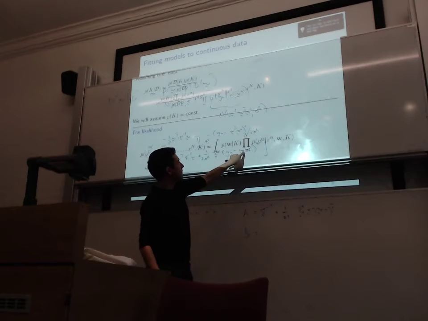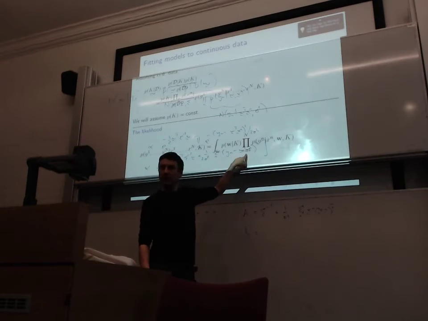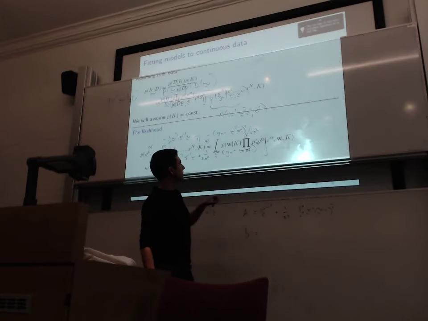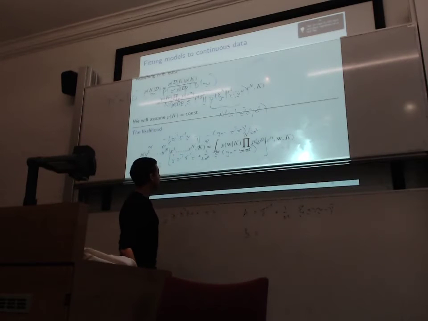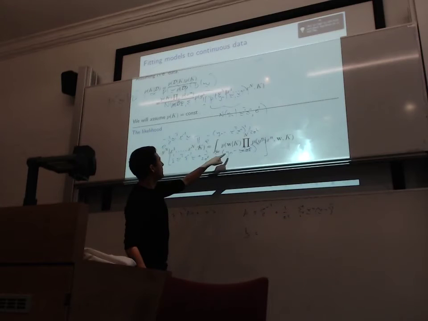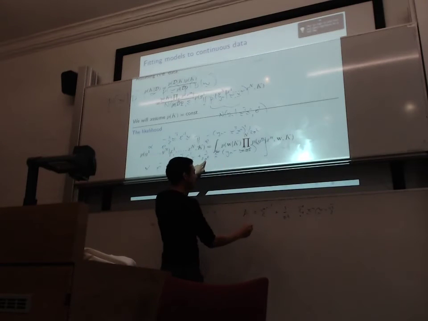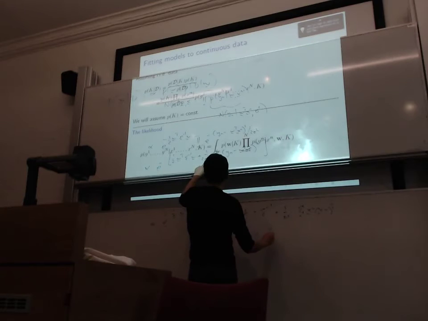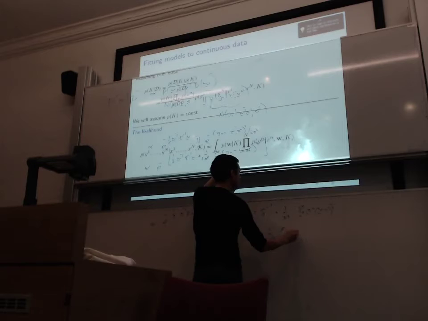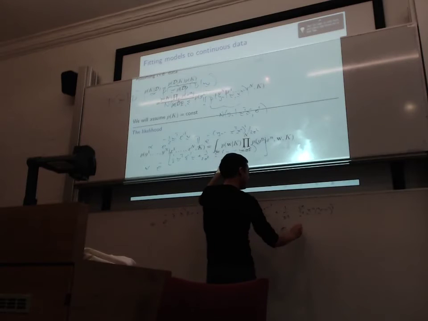When you square this out, you get a linear term. The minus and this minus cancel, you're going to get a 2, so that 2 cancels. So you're going to have 1 over sigma squared, the sum over n of Yn Xn.